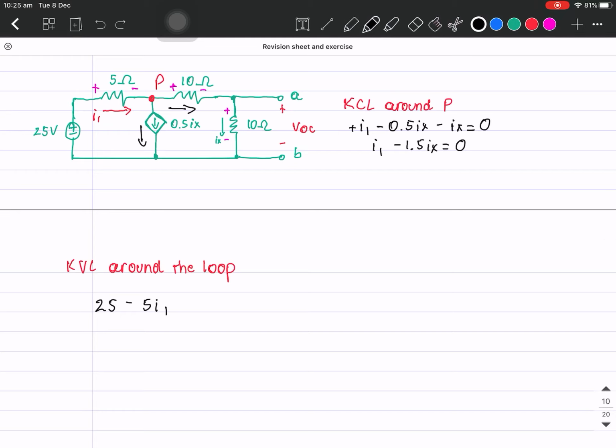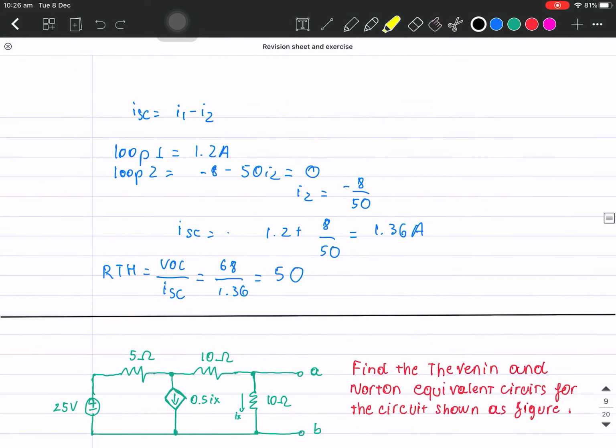We're not going to take a look at 0.5 Ix because the loop that I'm taking a look at is this loop. All right.